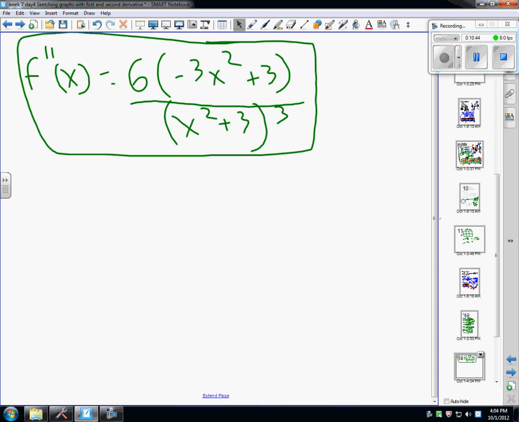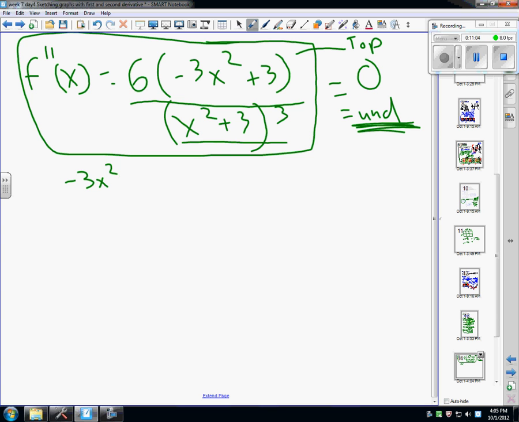I need to see when this equals 0 or it's undefined. Well, again, we mentioned undefined comes from the bottom. That's never going to be 0, so we're okay with that. We only need to worry about the top. On this top, I got 3x squared plus 3 equals 0. x squared equals 1. x equals plus or minus 1.